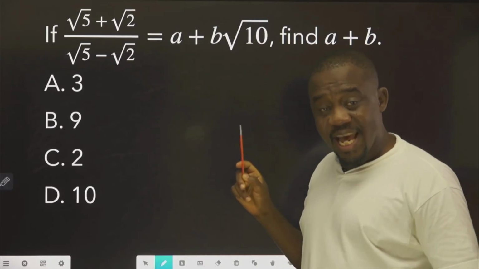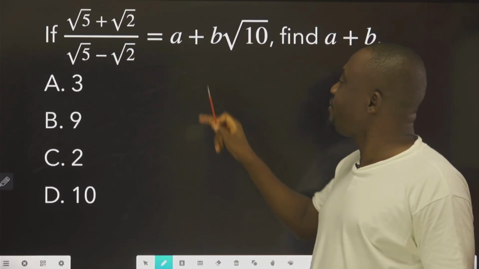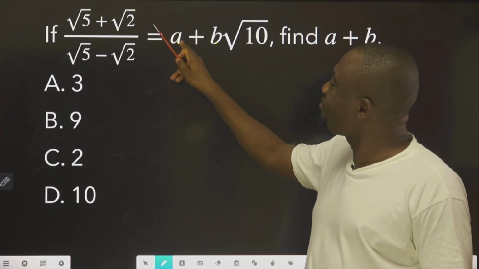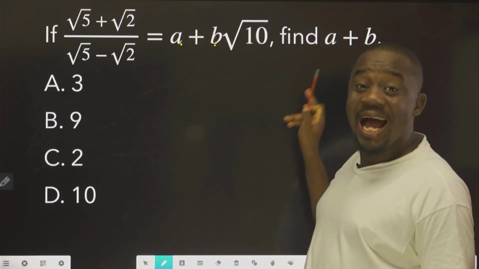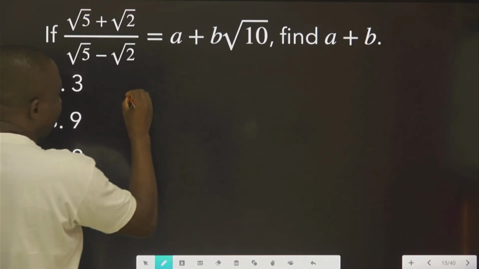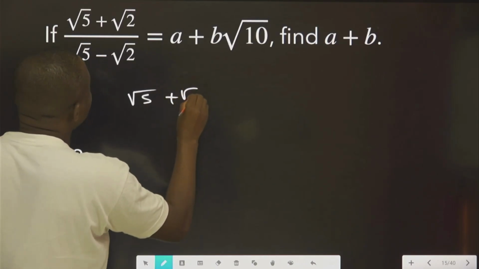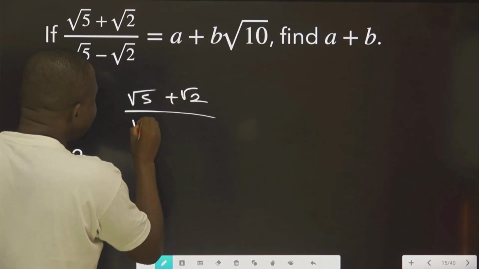Let's look at this. It says, if this is equal to this, find a plus b. That means we need to find a first and b before we can add them together. Let's break this down. That is to say 5 plus square root of 2 over this.